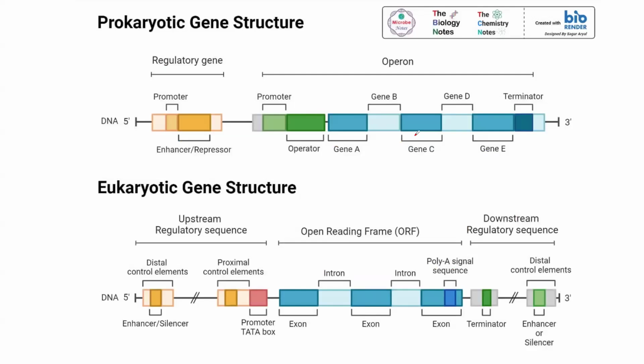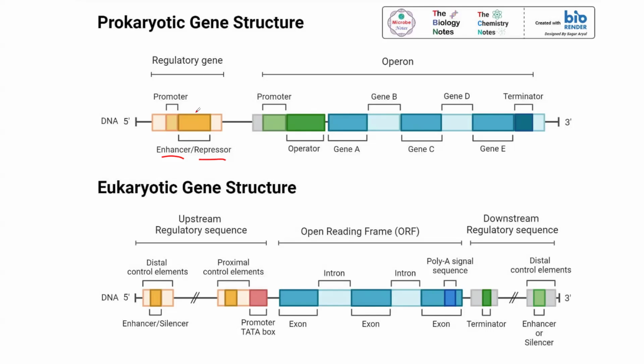Let me show you another example. This is prokaryotic and eukaryotic, and you can see clearly there is one promoter region where we have an enhancer and a repressor. The activator can be called an enhancer, and this is the repressor. This is the regulatory gene, which on its own has its own promoter. Activation of this promoter will activate the regulatory gene.